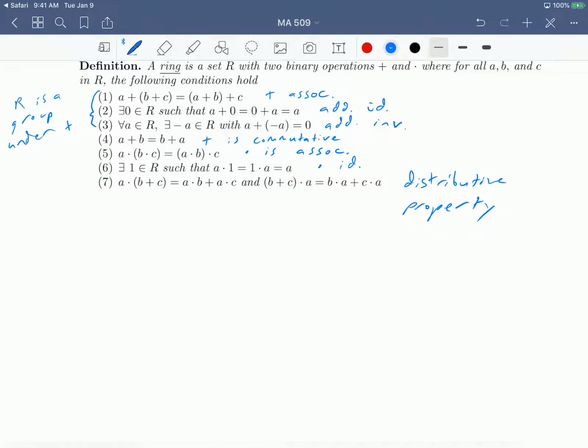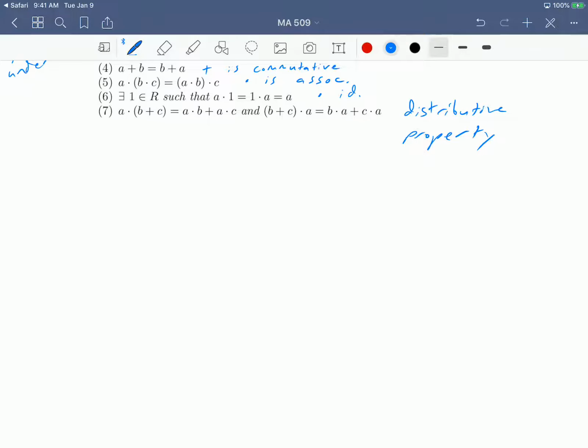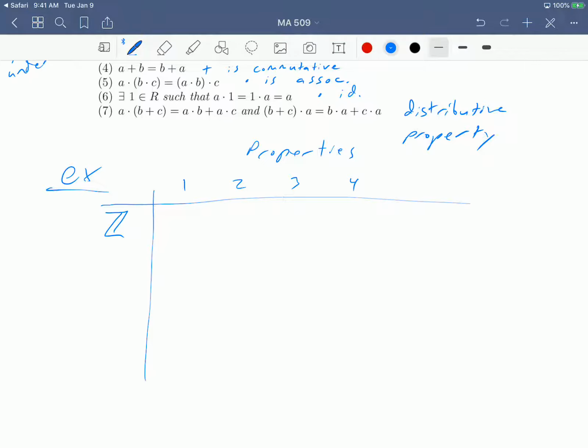and we've seen a lot of examples of rings. I think we'll set up a little chart of examples for ourselves, and I'm going to list a set to the side. So let's start with maybe the integers. And then the properties, I'll just number as 1, 2, 3, 4, 5, 6, 7.